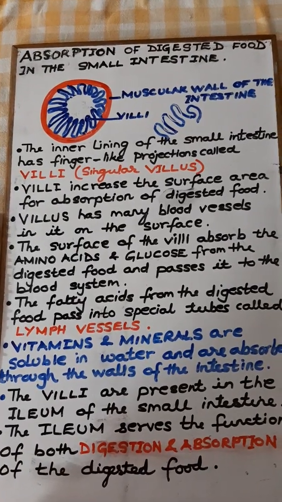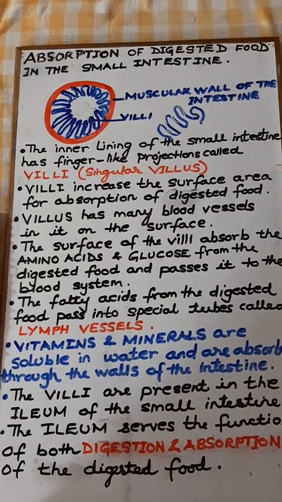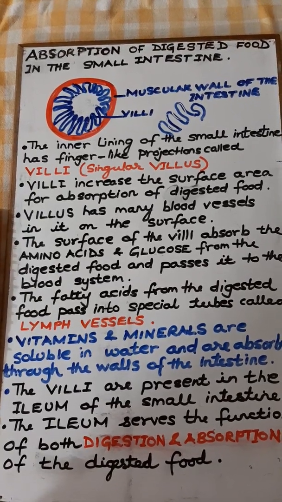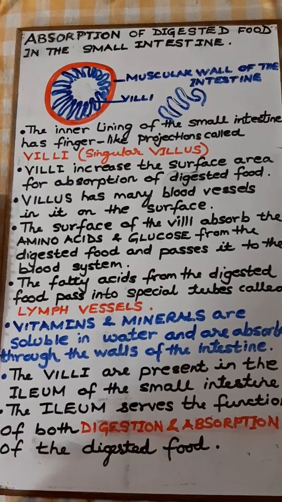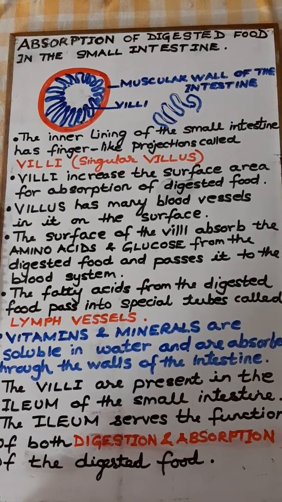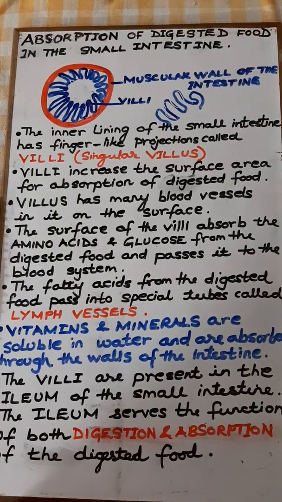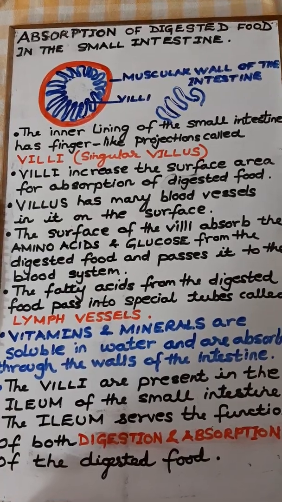All the remaining food that has not been digested gets digested in the small intestine. So digestion is taking place, and at the same time absorption of the digested food.